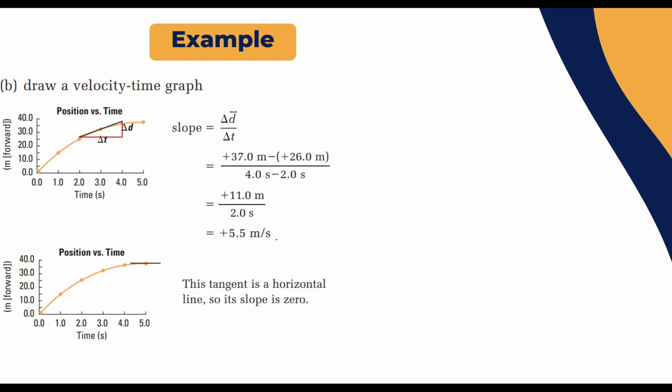Again, we need to do that at 2 seconds, 3 seconds, and 5. At 3 seconds, we follow the same approach as we see here. Then we found the velocity from the tangent at 3 seconds is 5.5 meters per second. And for the third one, the tangent is a horizontal line, so the slope in this case is 0, so there is no velocity at that point.